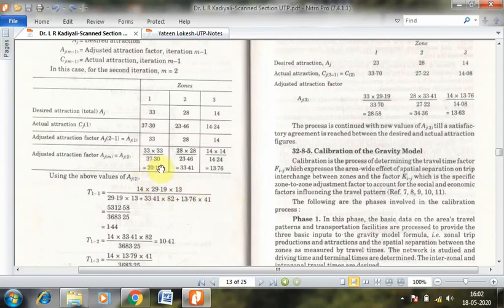Just have a check. There might be a printing mistake, so you'll have to check whether it is 20.19 or 29.19.